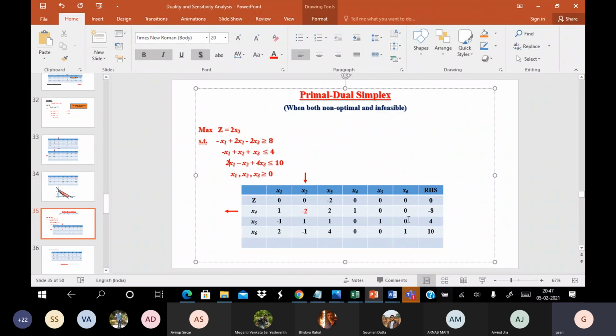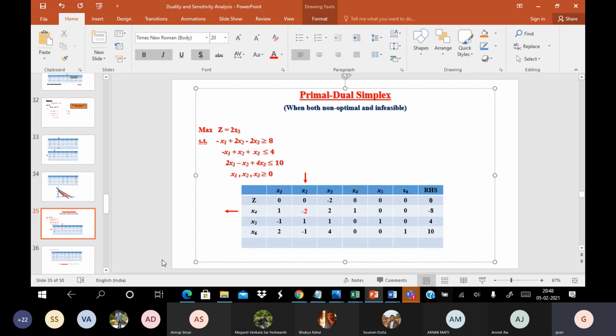So you have to apply the dual simplex method first to remove infeasibility to get the feasible solution, and then you look at the objective row. Fine. Here you will see that when you remove the infeasibility, the objective row would be non-optimal. That means some negative sign would be there. So then you have to apply primal simplex.